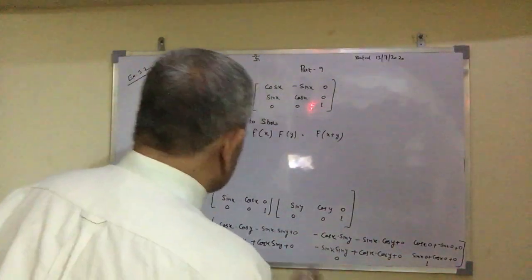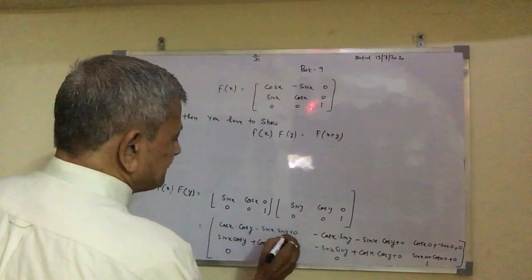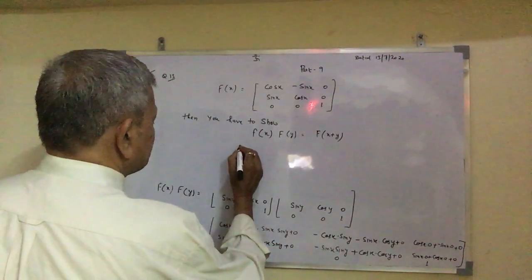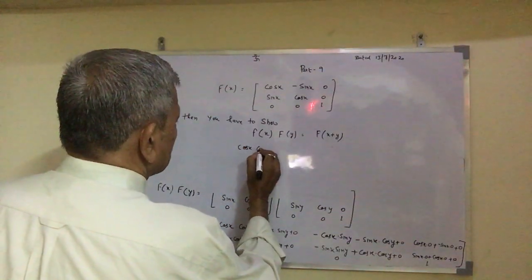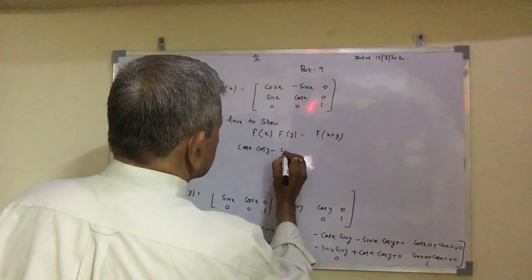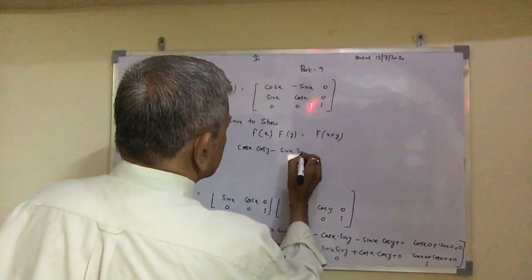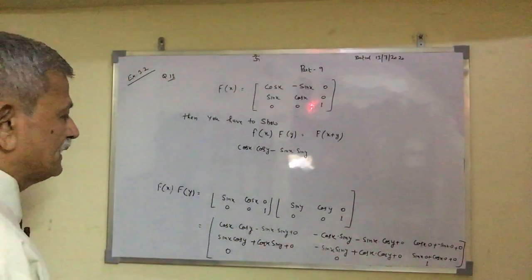So your value will become cos x into cos y minus sin x into sin y, this will be left here: cos x into cos of y minus sin x into sin of y, and you add 0, this gives you the same value.